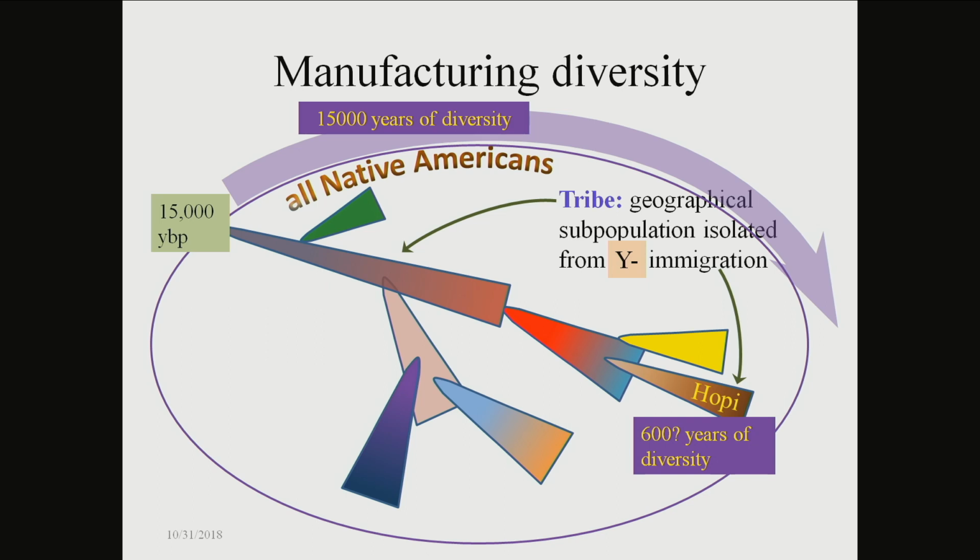But if you look at any one tribe, like the Hopi, my first client, that's a tribe that, I don't know how old it is, 600, 1,000 years, let's say. So it's got much less diversity. What the FBI does wrong is, they say, well, we don't have data for Hopi in particular, but that's okay. We have data for the Native Americans as a whole. So they assess Mr. Russell's matching by saying, okay, matching among Native Americans as a whole is quite unlikely.